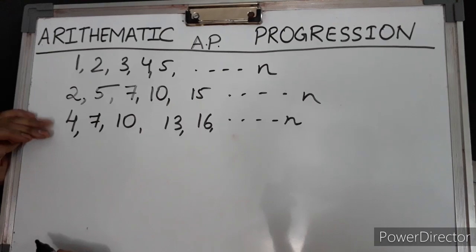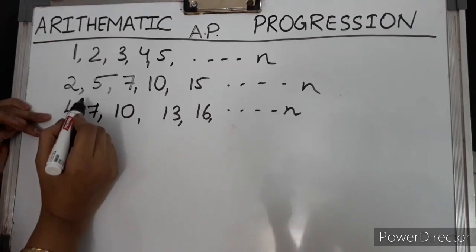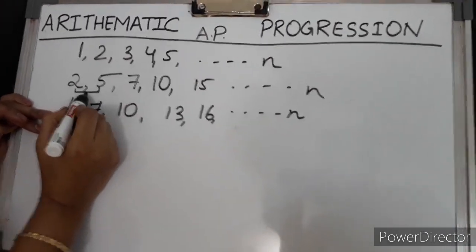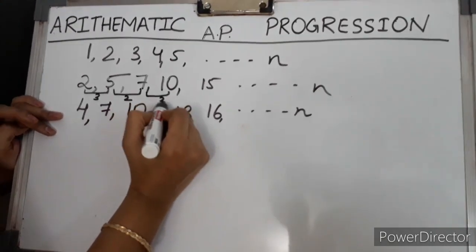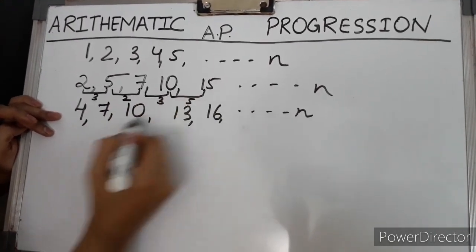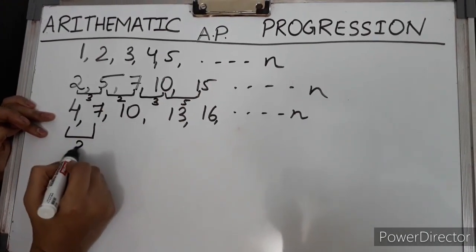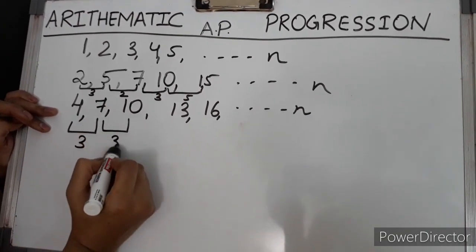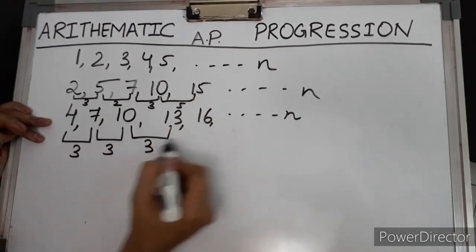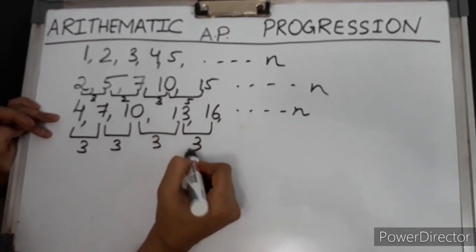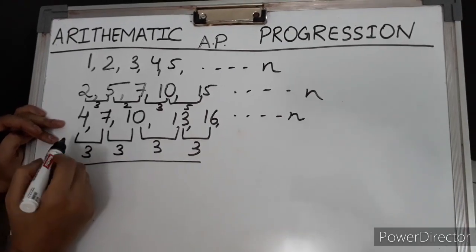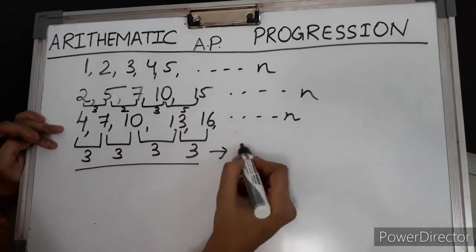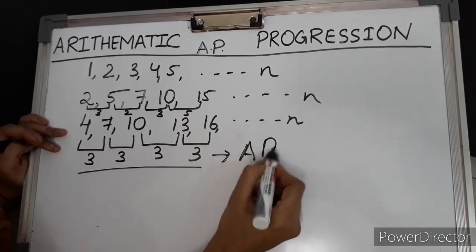What is the difference between these series? What is the difference between two terms? Here it is 3, 2, 3, 5. What is the difference here? 3, 3, again 3, again 3. You can see there is a constant difference of 3 among the numbers. So this is what an AP is.